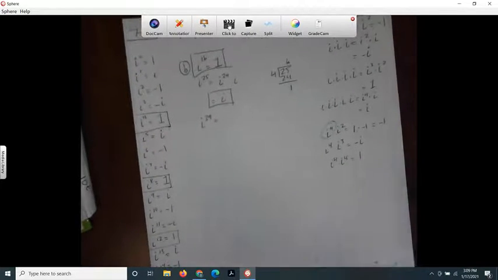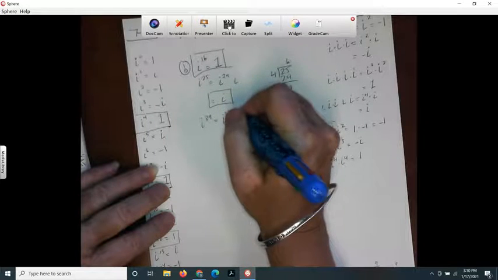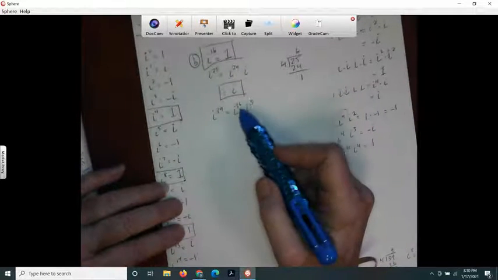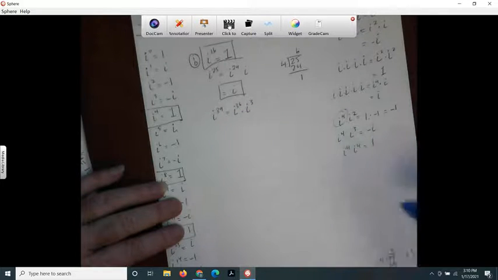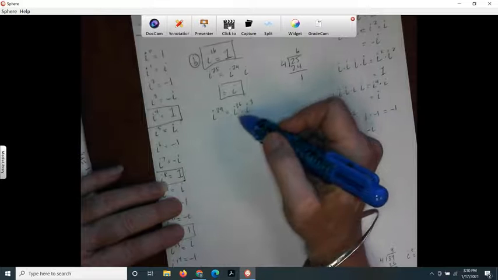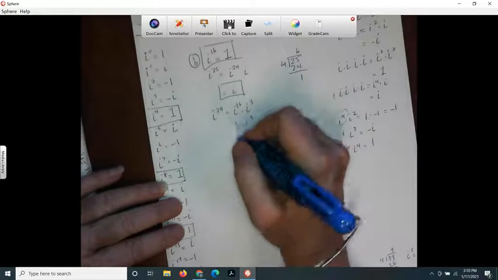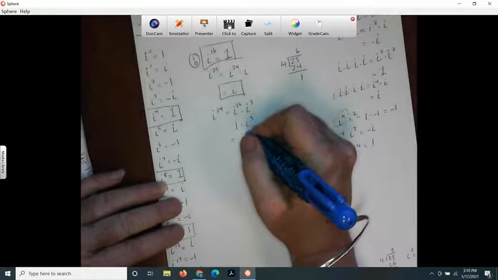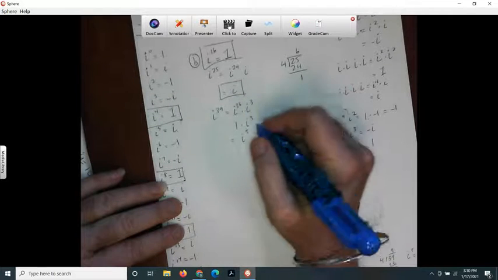And this I know is a multiple of 4 because I did the long division and got it. So this is going to be just 1 and then i cubed. So the answer is i cubed. Oh, well, i cubed is negative i. Okay, so i to the 16th was 1, i to the 25th was i, i to the 39th was negative i.